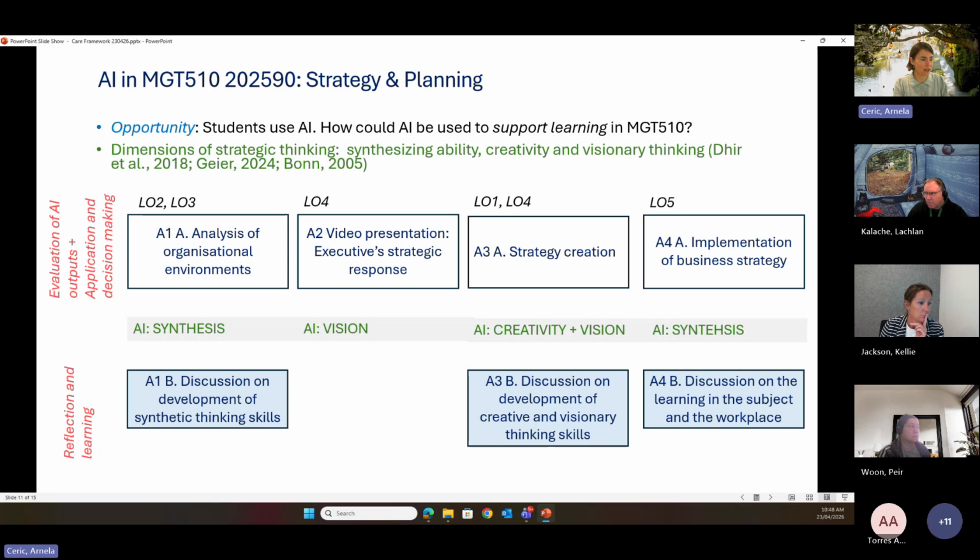So I've done the same thing, as you can see on this slide, in assessment 2, which was a nice video presentation where students needed to take on a role of an executive in the organization. And that was an input into assessment 3, which is a group assessment, where the group needed to come together and design a new strategy for the organization.